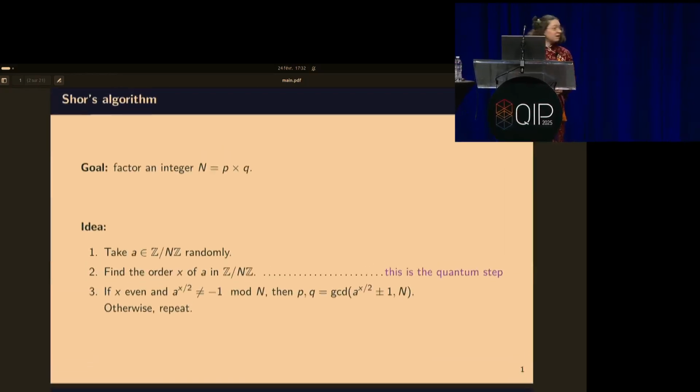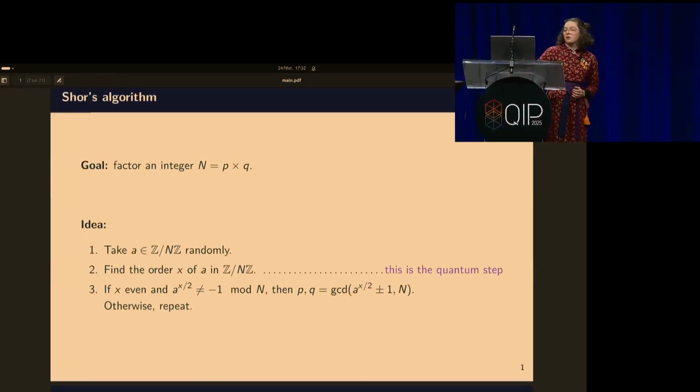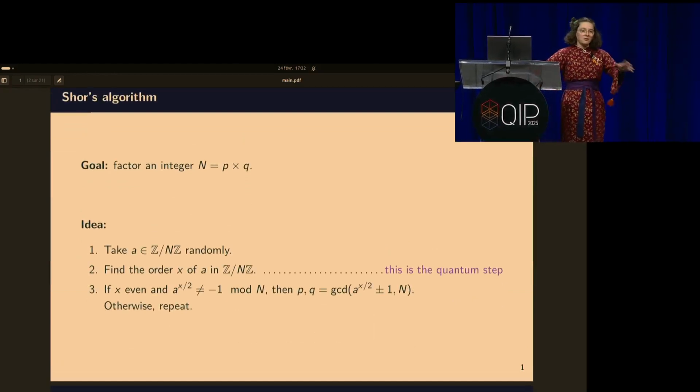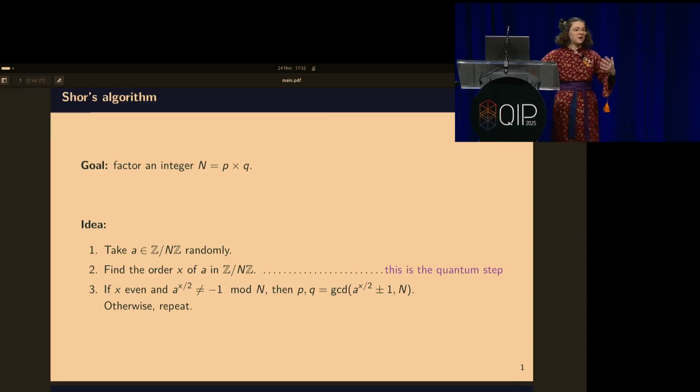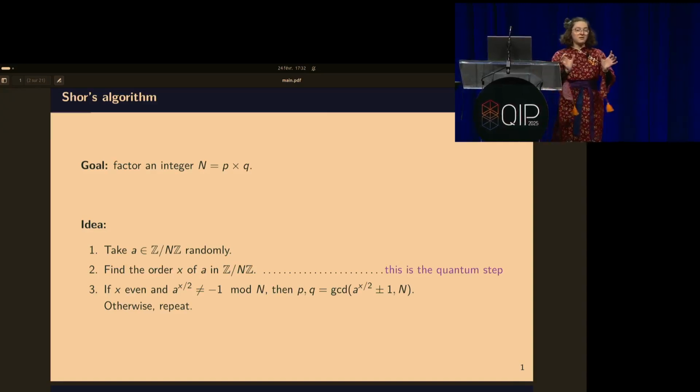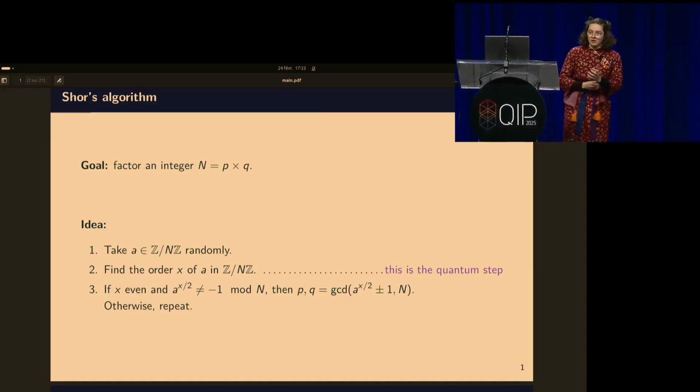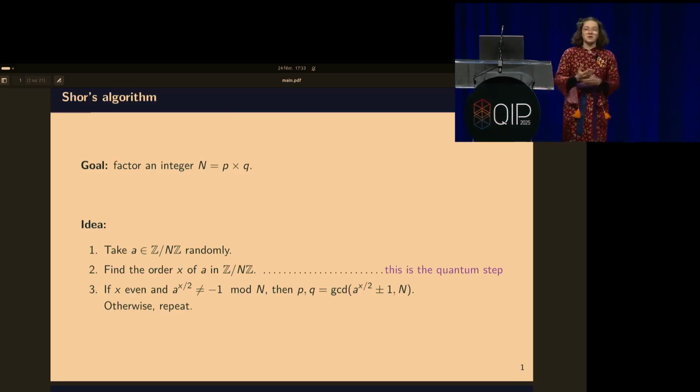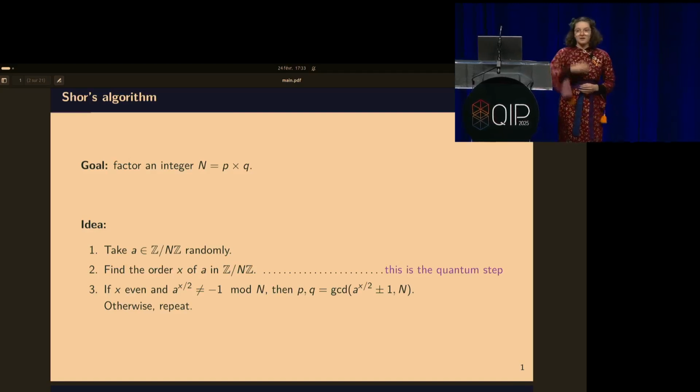So, as I just mentioned, Shor's algorithm allows to factor integers. From now on, we are going to assume that we specifically want to factor integers big N that are a product of two distinct primes, P and Q. To do that, the general idea is you will choose at random an integer A in Z over NZ.